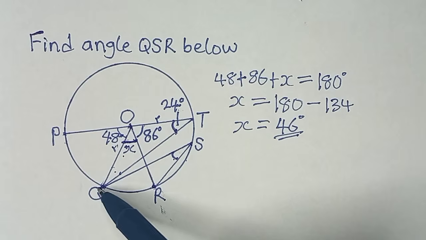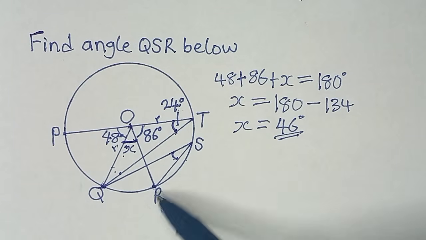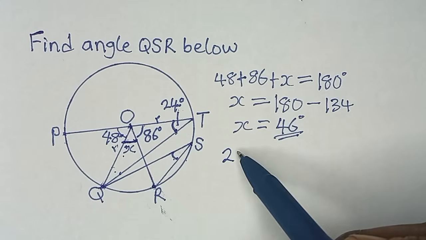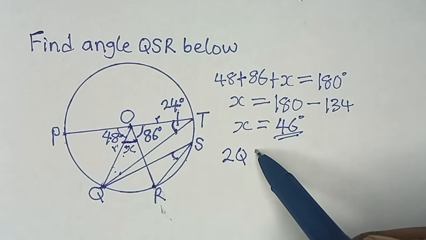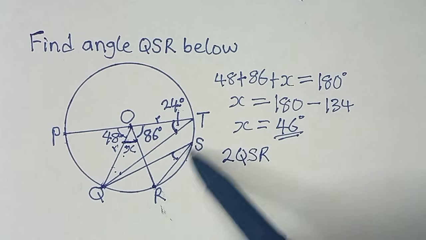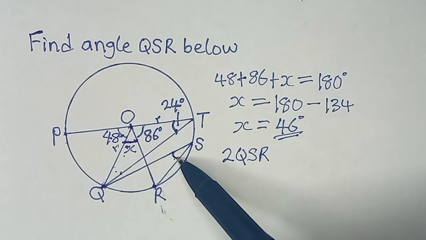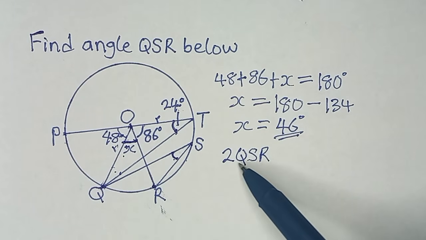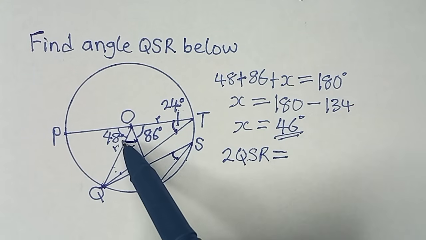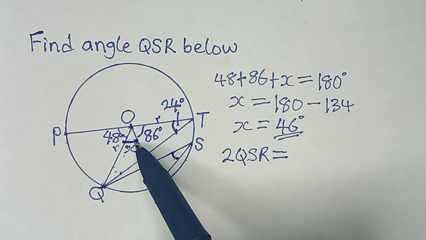So I can simply say 2 multiplied by QSR, because angle QSR is the one at the circumference. Twice the angle at the circumference is equal to the angle at the center. This is the one at the center.